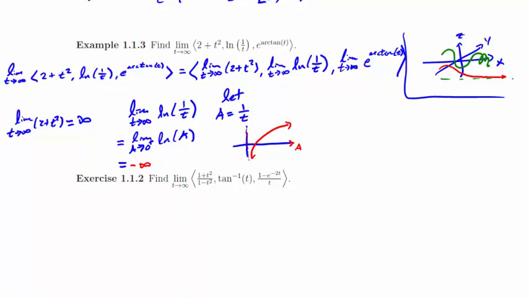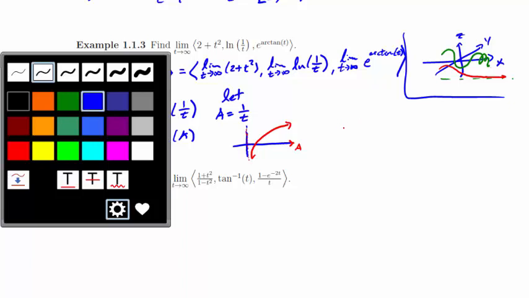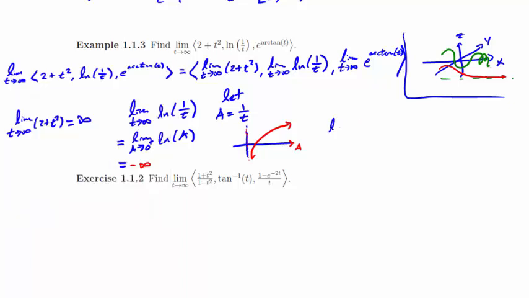Finally, we need to look at the limit as t goes to infinity of e to the arctangent of t.